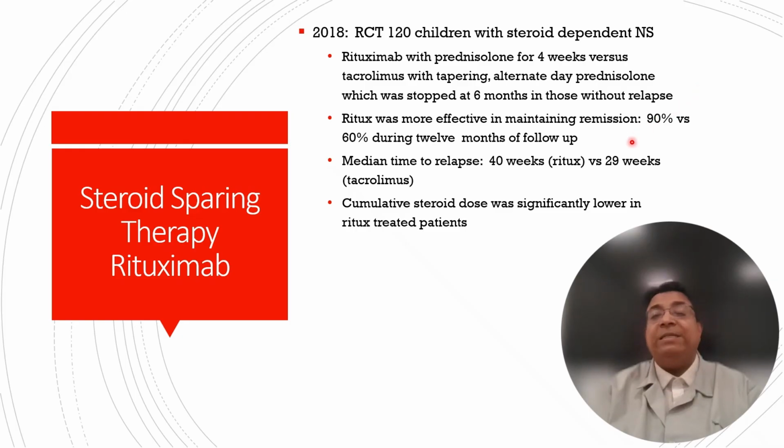Ritux was more effective in maintaining remission, 90% versus 60% during 12 months of follow-up. The median time to relapse was 40 weeks for Ritux versus 29 weeks for tacrolimus. And the cumulative steroid dose was significantly lower in the Ritux-treated patients.